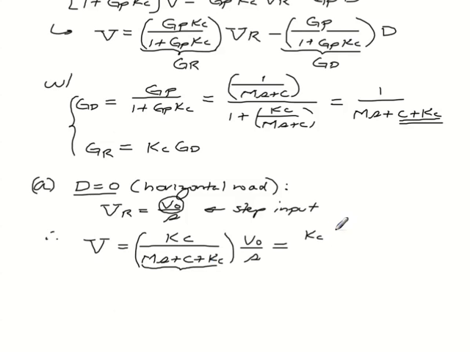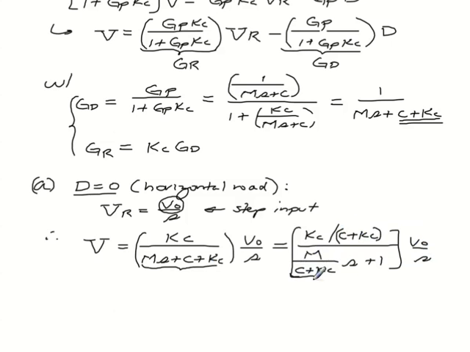I'm going to divide through by C plus Kc. And so I get M divided by C plus Kc, S plus 1. And the reason for writing it in this form is that this we know becomes our time constant there of tau.